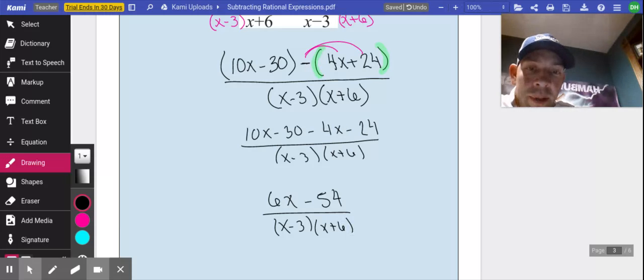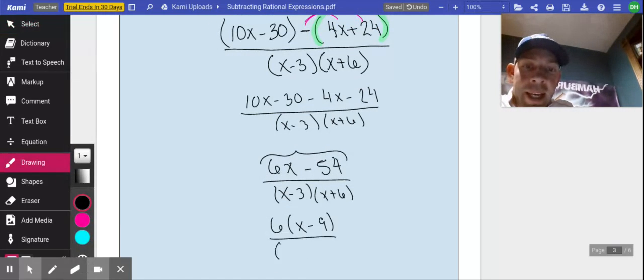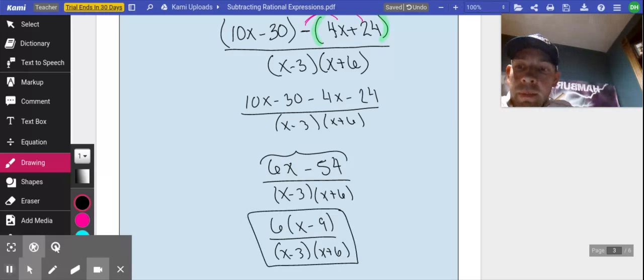Then there is an opportunity to take out a GCF. If we factor out a 6, we'll get x minus 9. But unfortunately, nothing is going to cancel. So we gave it a shot and nothing canceled, so we'll say that's our final answer.